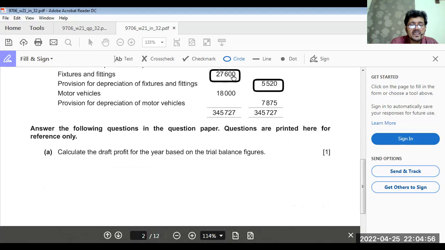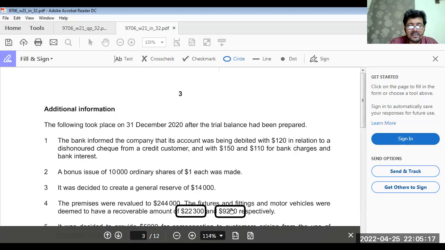Now go back. Check this. Motor vehicles: its cost is 18,000 and provision for depreciation is 7,875. 18,000 minus 7,875 is 10,125. The carrying cost of this asset is 10,125. What about the NRV or recoverable amount? It is 9,200. So we have sustained a loss of 925 on impairment. Are you getting my point clear? We are not going to touch fixture and fittings because the carrying cost is lower than the recoverable cost.